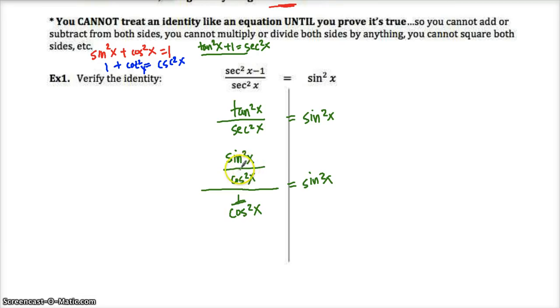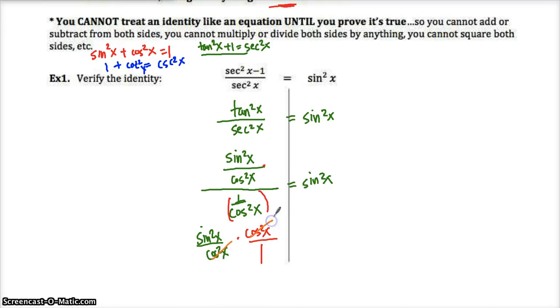Now, because I have a fraction divided by another fraction, I can rewrite that, right? So I'm going to take this fraction here, and I'm going to multiply it by the reciprocal. So I'm going to multiply by cosine squared x over 1, with that first fraction, sine squared x over cosine squared x, just staying the same. I take this fraction, flip it upside down, multiply. Awesome, because what happens?